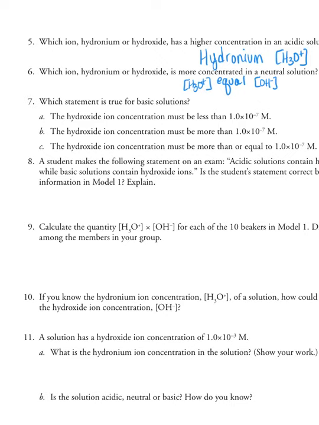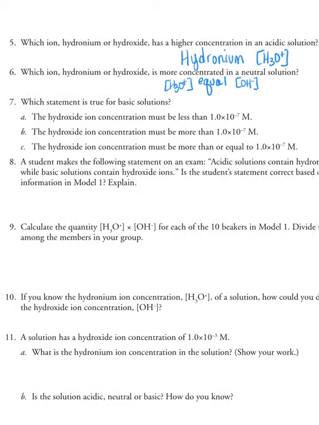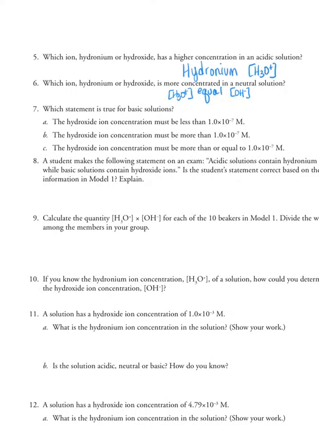So which statement is true for basic solutions? Does that mean the hydroxide ion is less than 1 times 10 to the negative 7th? It must be more than 1 times 10 to the negative 7th? Or it must be more than or equal to?